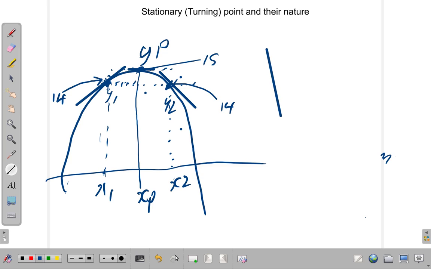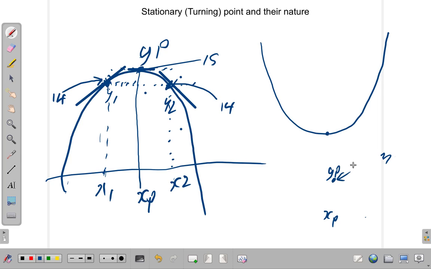If you have another graph, and that graph is like this, you probably have not plotted the graph before to see what's going on. So let's say you have your value at x at the point, and you calculate yp. Good. And let's say yp is equal to 15. Then you calculate for x1, you get y1, and y1 is 16.